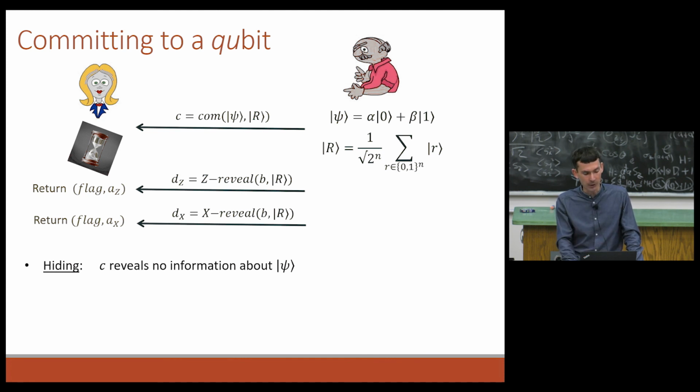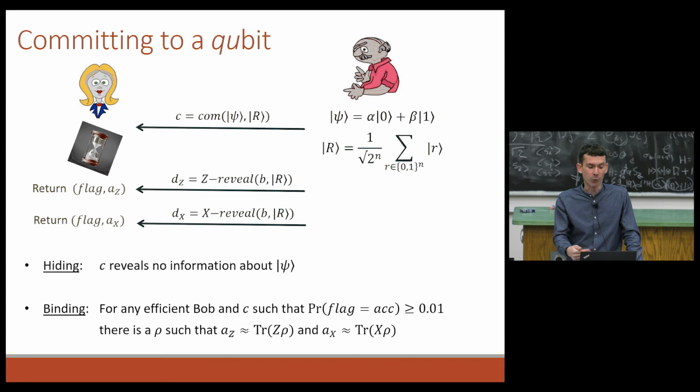Here's an informal statement of the binding property. For any Bob that accepts to participate in this protocol, that doesn't get rejected, so it gets accepted with non-negligible probability, then after C has been sent, there exists somewhere in the sky a quantum state that I could define, such that later, whether I ask for a Z or an X measurement from Bob, the outcomes that Alice decodes in the end, AZ and AX, are distributed as outcomes of a measurement on that quantum state.